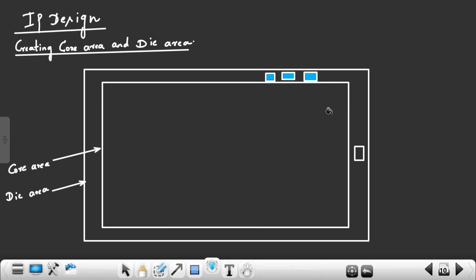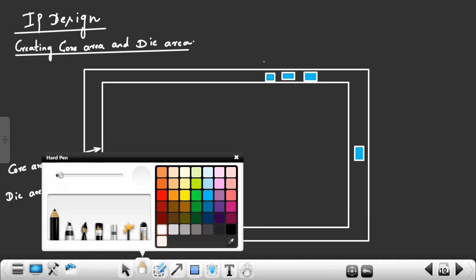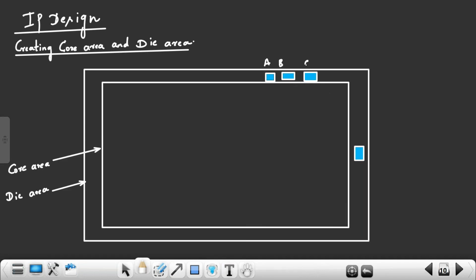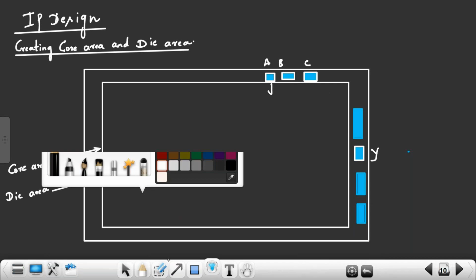All the inputs will come through these ports, and the output will go through these ports. In your design, you need not have only one output port. I can have many output ports. Plenty of output ports I will have in a design.